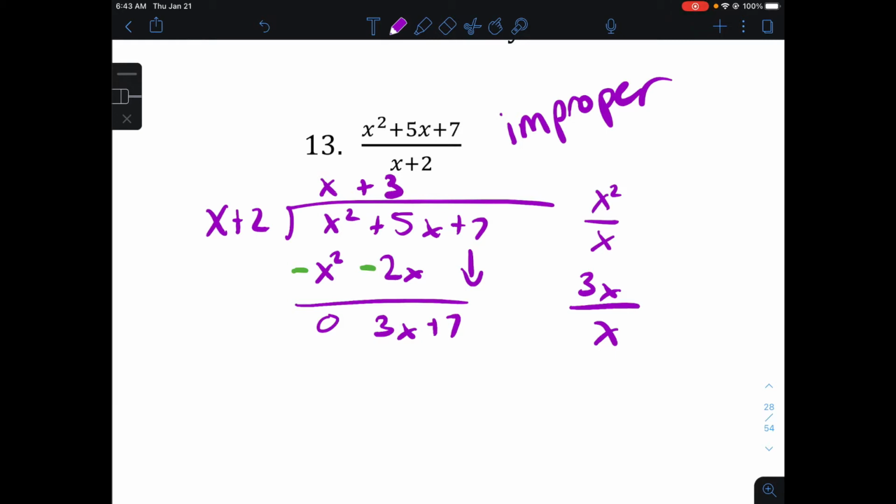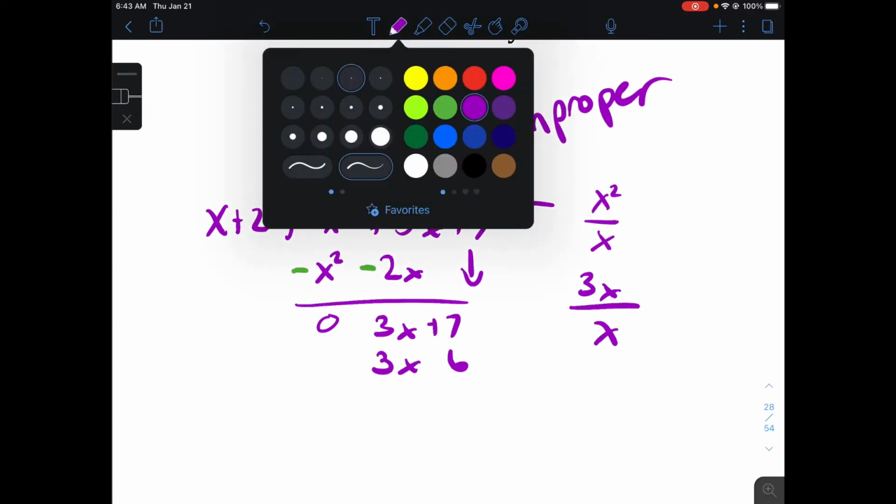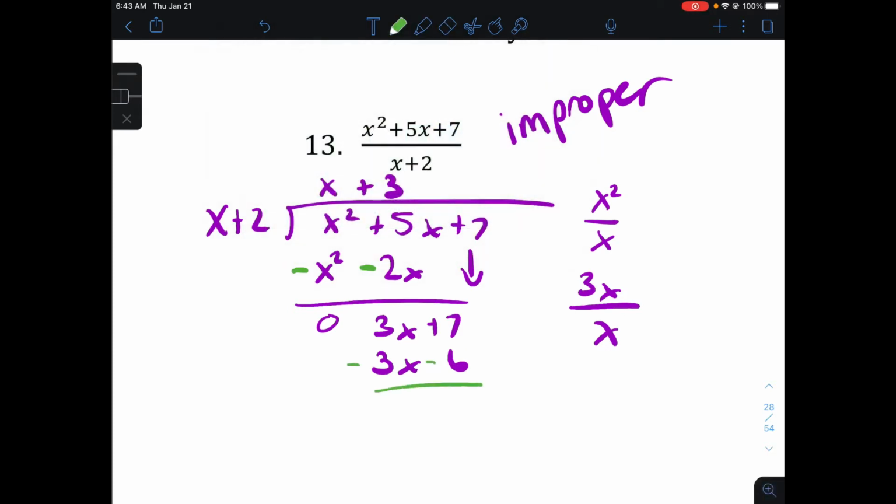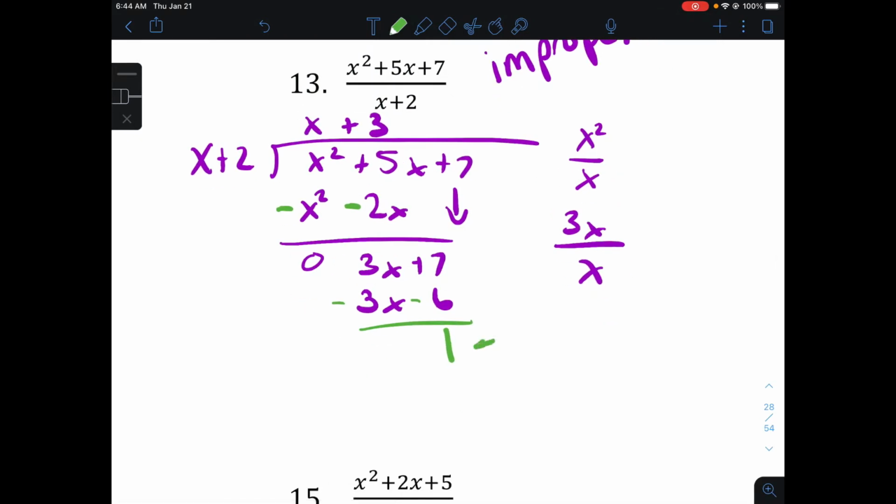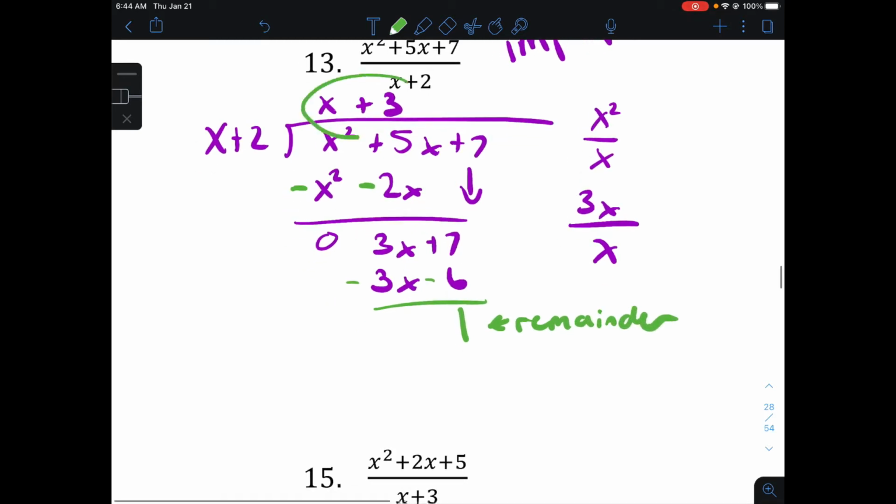We multiply. We get 3x and 6. We change our signs, minus, minus, which gives us a 1 as our remainder. So our answer here is going to be what's on top, plus our remainder over our bottom.